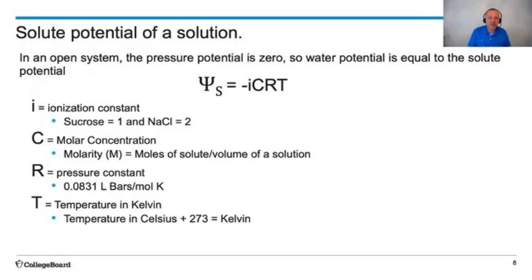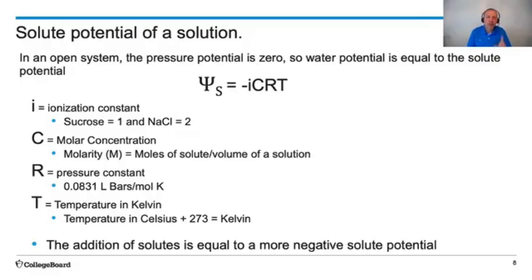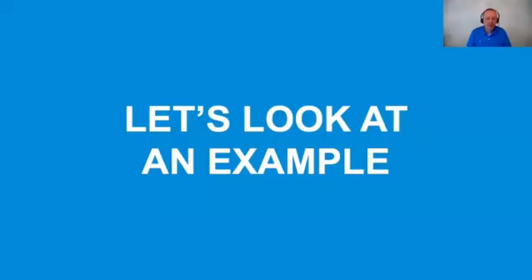And finally, for temperature, temperature is in Kelvin. So you take the temperature in Celsius plus 273 and then plug it into the formula. However, an important thing to remember, the addition of solutes is equal to a more negative solute potential. So let's look at an example.